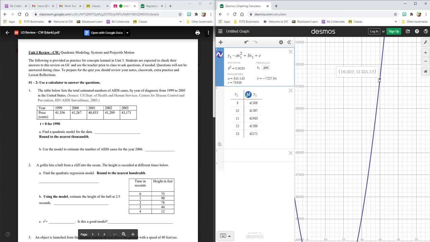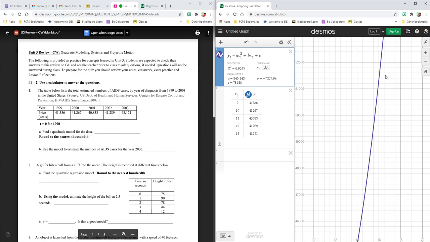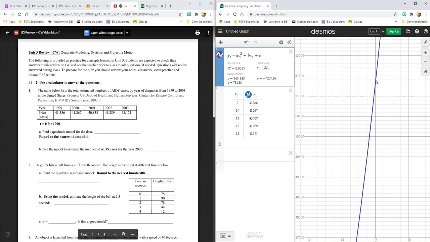You can zoom in on that if that makes it easier to get the 16. I don't know why it's so difficult here in the video, of course, but that's going to get you really close to that value.